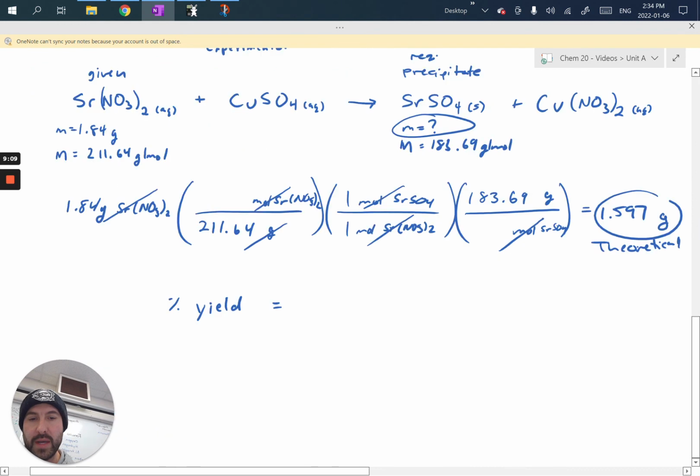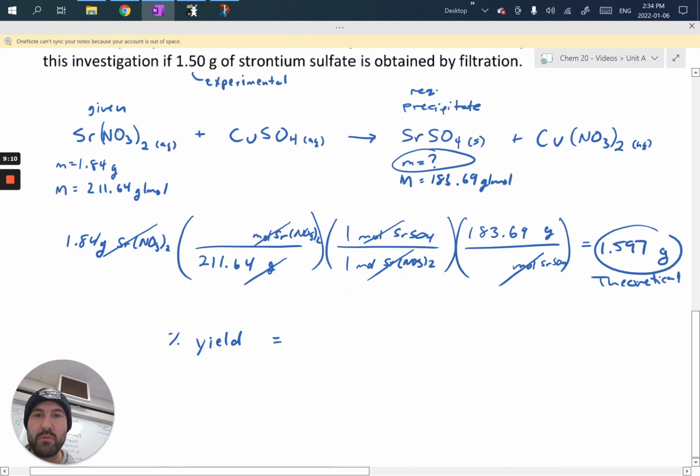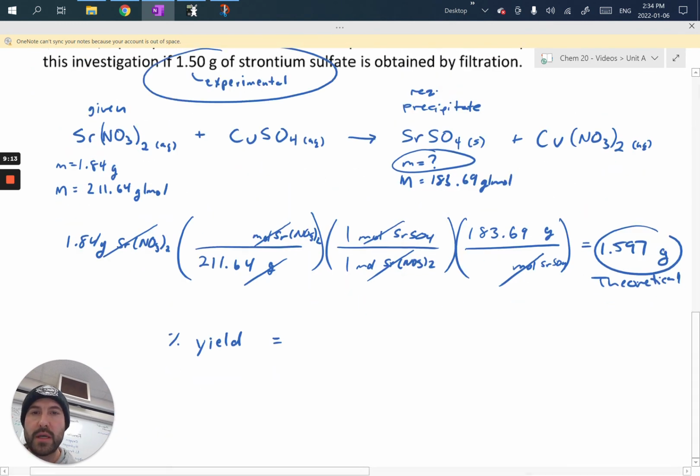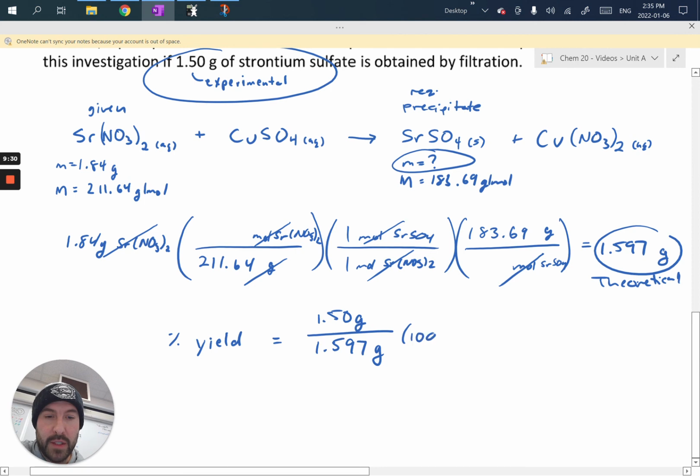My experimental value from my question was 1.50 grams of strontium sulfate. So 1.50 grams divided by my 1.597 grams. I did pretty good. And I'm going to multiply that by 100 to get a percentage.